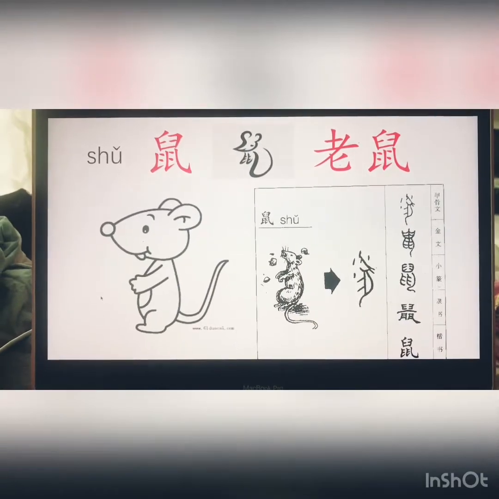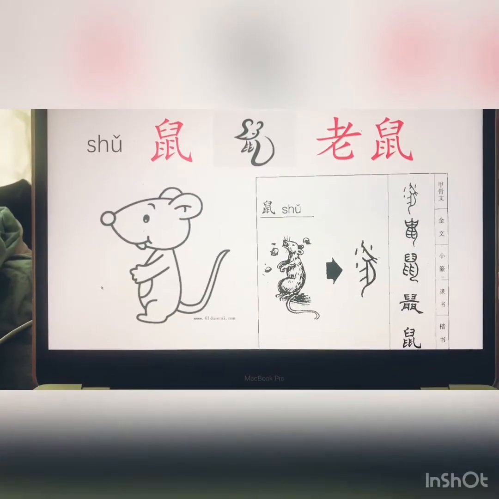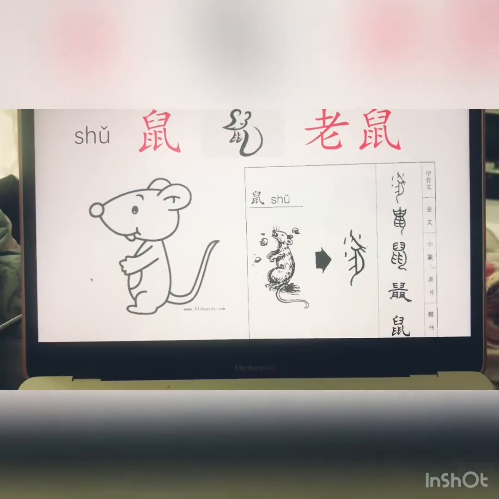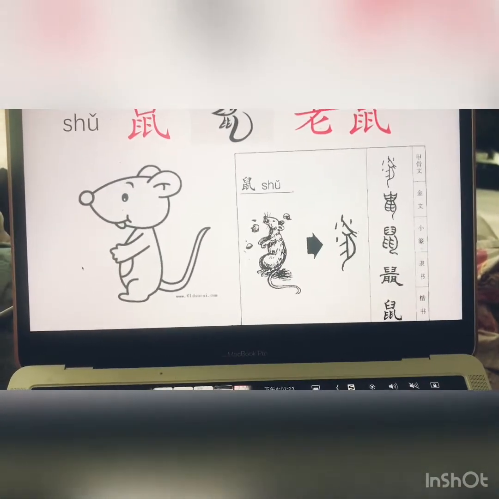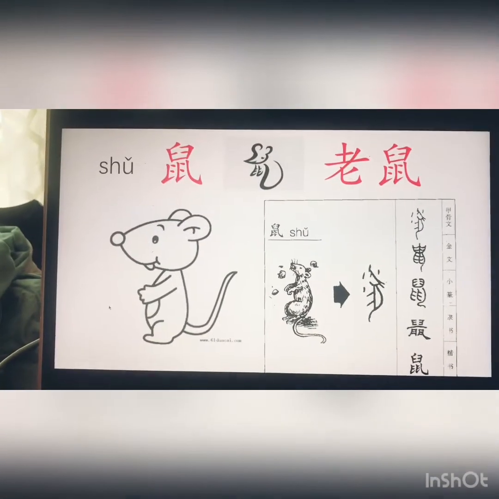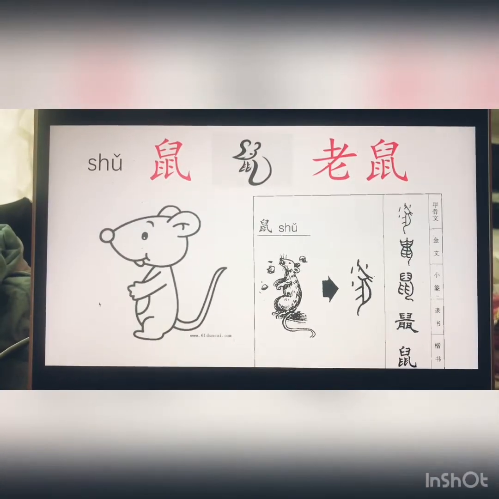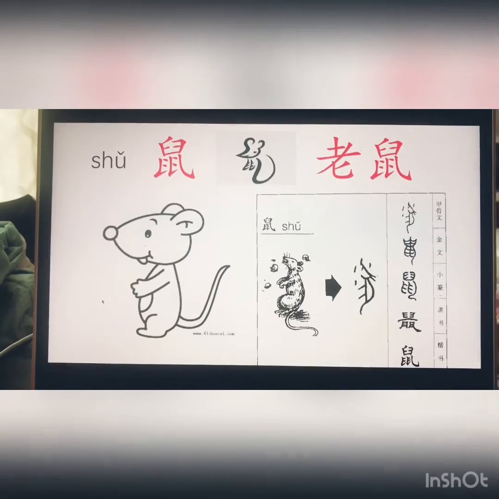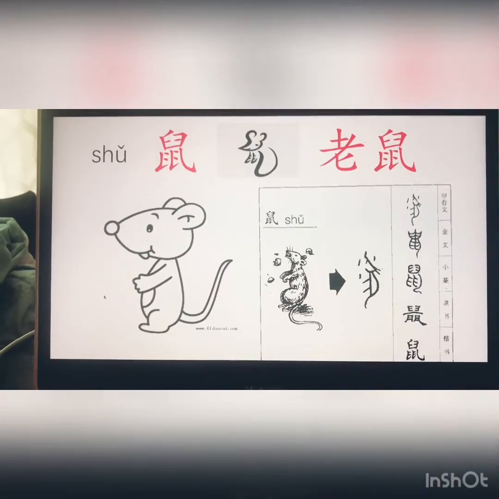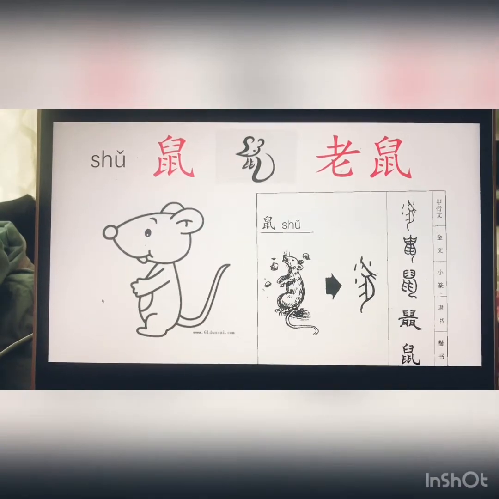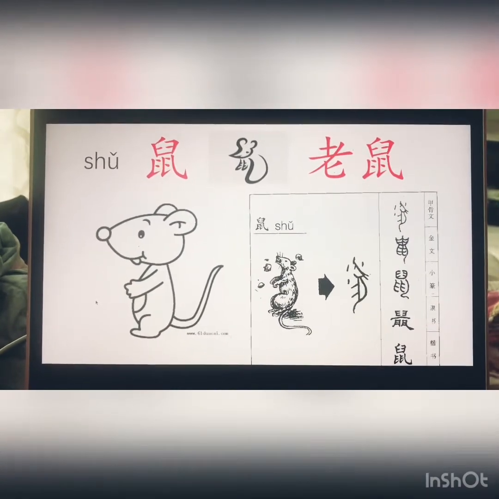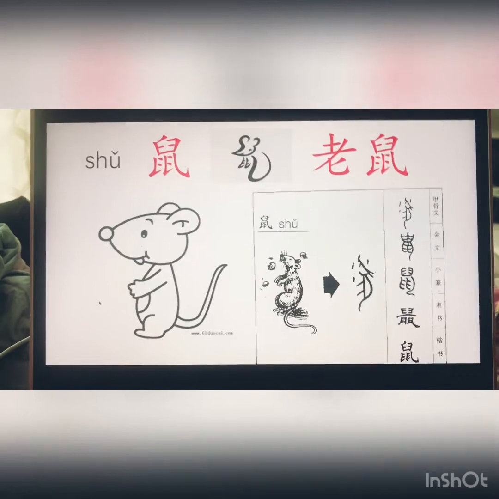Sometimes in Chinese context, we put a 老 in front of something we don't like, or to say some person is very old. For example, 老师 is a teacher, right? And 老鼠, people hate it, so you put the 老 in front of that, old and hated stuff, something like that. But please do not say that you hate teachers, okay?